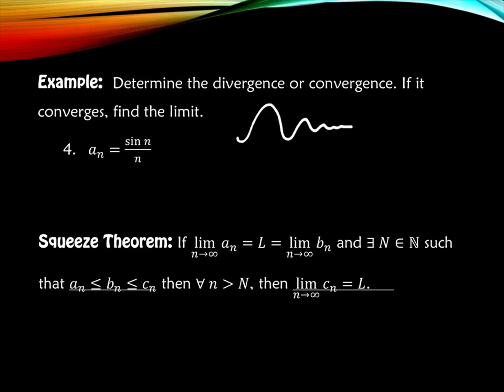So we're going to write a little bit in here, and then we're going to actually write the solution for this on my next slide, which is below the next theorem for you. So we know sine of x oscillates from -1 to 1. But n approaches infinity in the denominator.